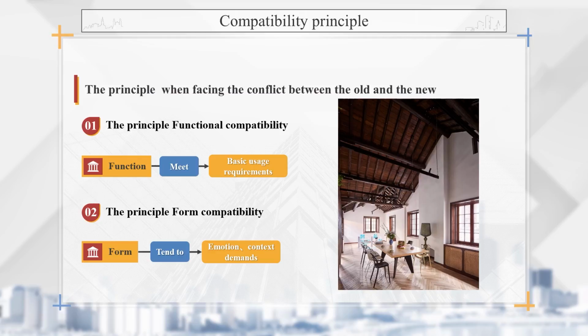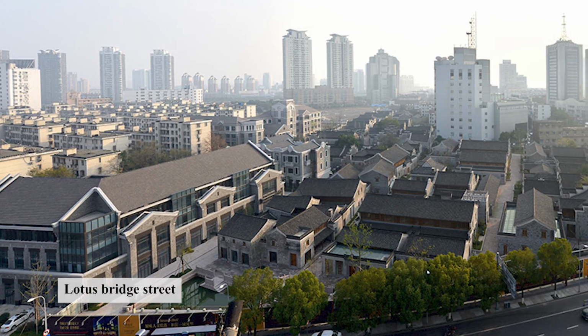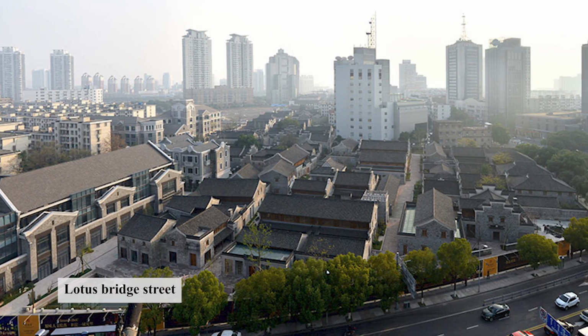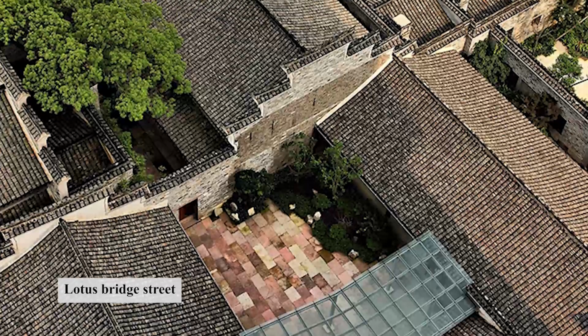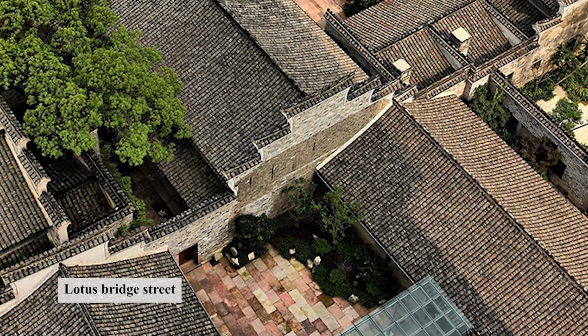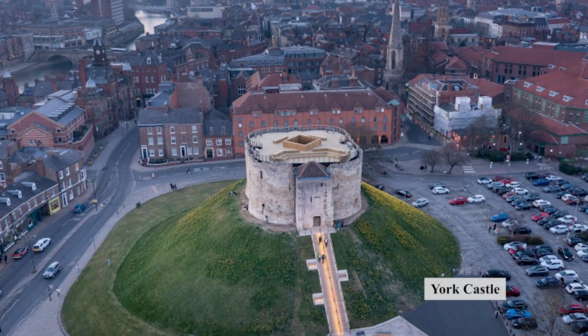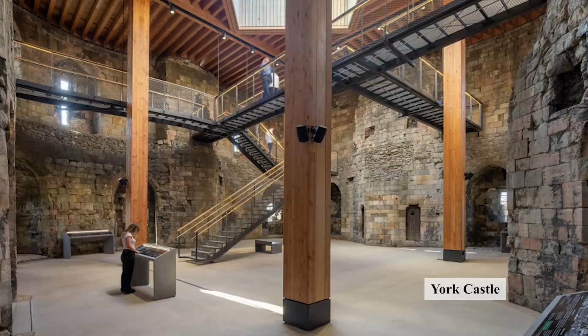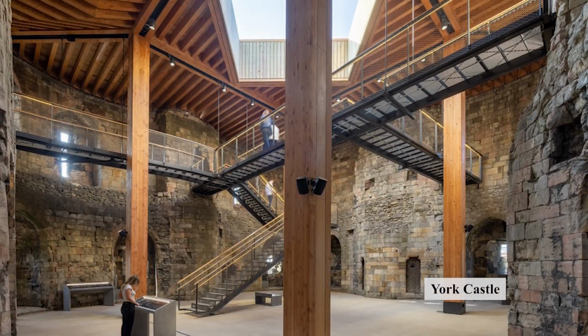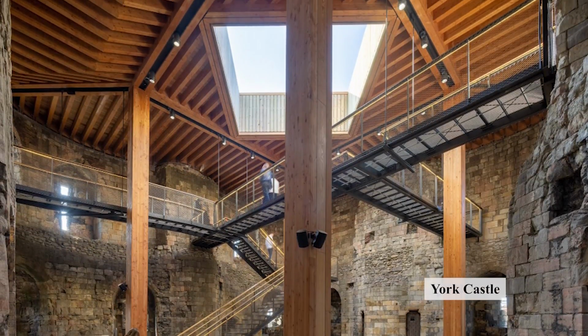Both are subject to the present state of historic buildings. New functional space and new form placement will involve the coordination between the old and the new. The principle of compatibility is the principle we should follow when facing the conflict between the old and the new.